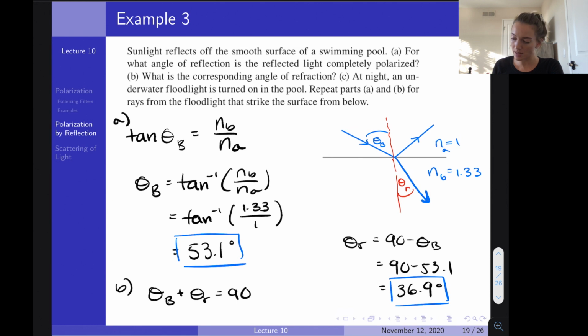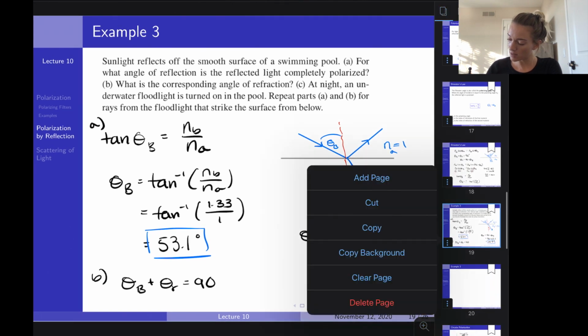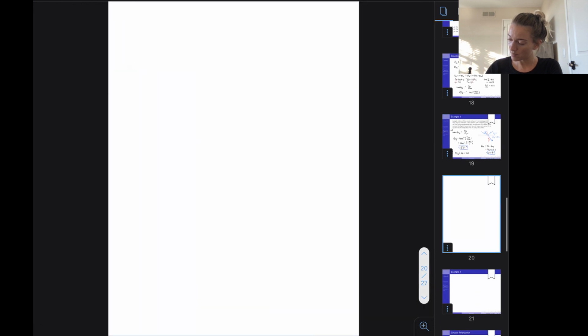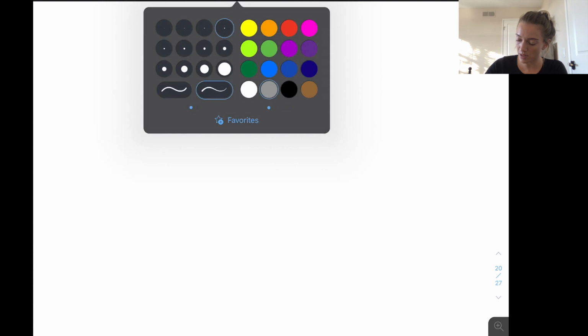So now for part C, we have at night an underwater floodlight is turned on in the pool. Repeat parts A and B for the rays from the floodlight that strike the surface from below. So now we have the light coming actually from below, and we want to find the Brewster angle for that and the corresponding angle of refraction. So let's just add in another page. Okay, so let's draw a picture again just so that we know what we're looking for.